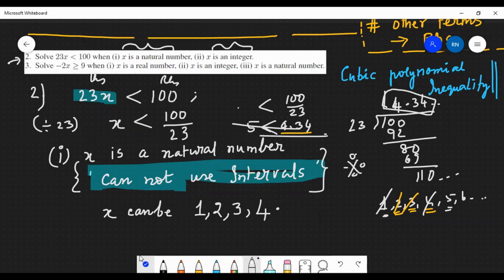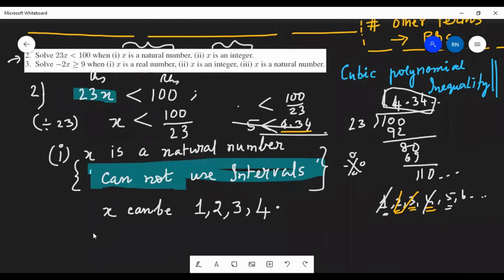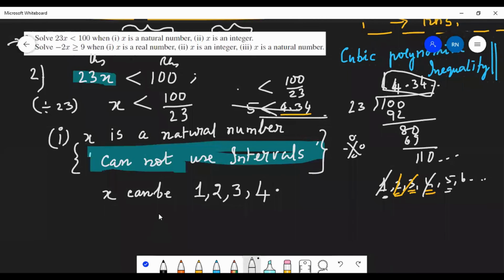How do we say this? We write it in English: x can be all that. Mathematically, in symbol language, how can I write x belongs to, not interval, not interval. You make a number set with braces.